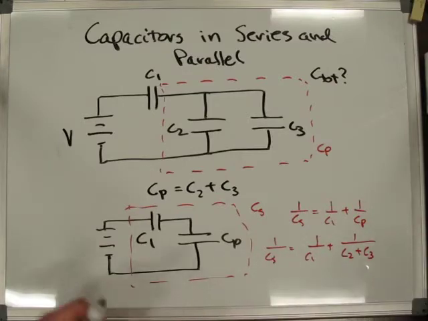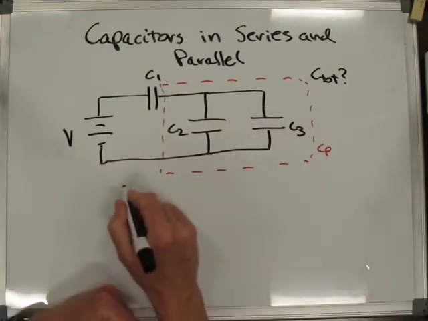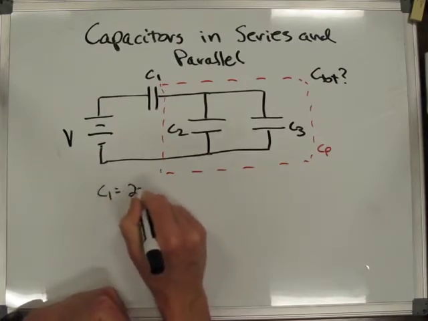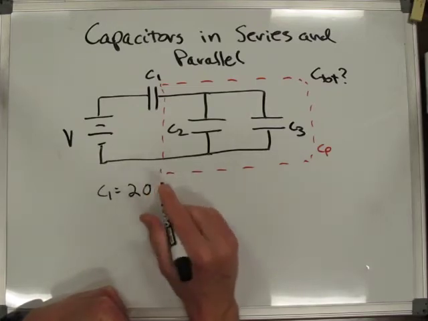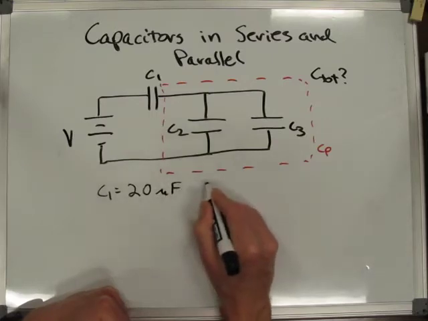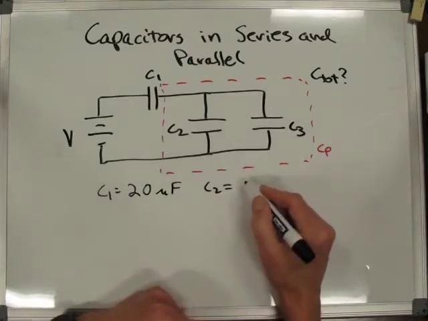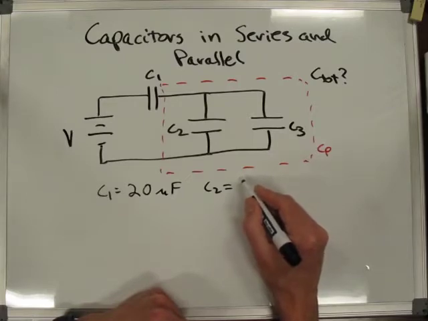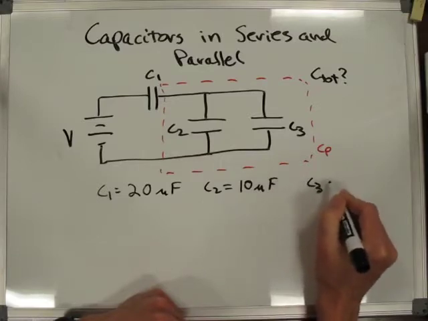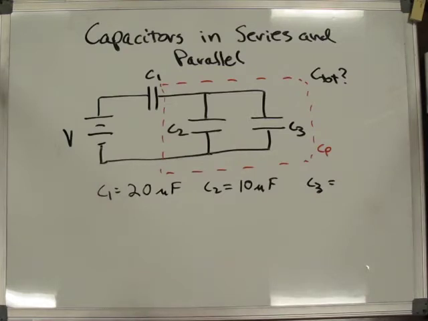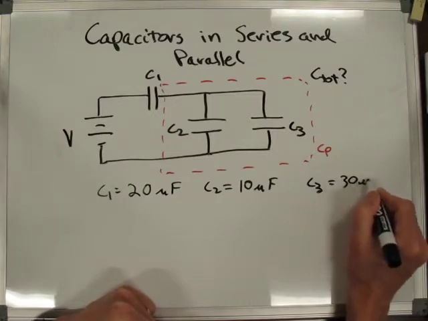If I do a numerical example with some convenient numbers, let's pick C1 equals 20 microfarads, C2 equals 10 microfarads, and C3 equals 30 microfarads.